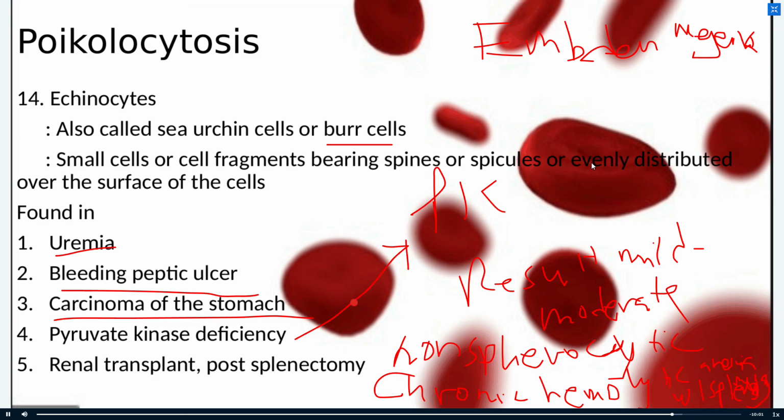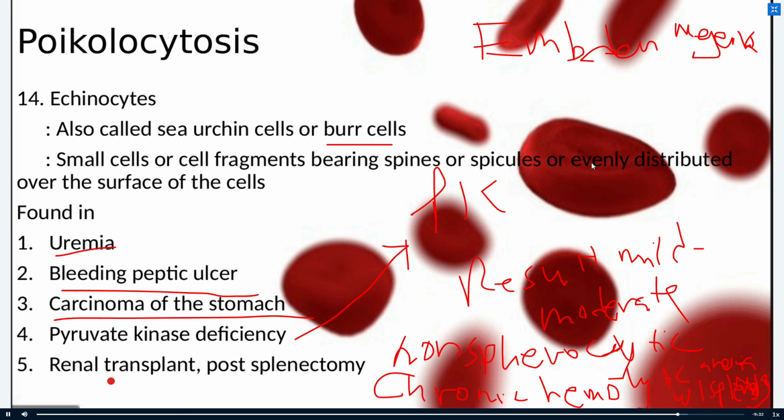Ulitin ko, class, your pyruvate kinase deficiency is the most common enzyme deficiency involving your Embden-Meyerhof pathway. It would result to a mild to moderate non-spherocytic, so that would be your echinocytes, chronic hemolytic anemia with splenomegaly.